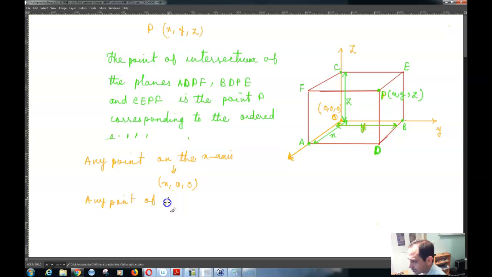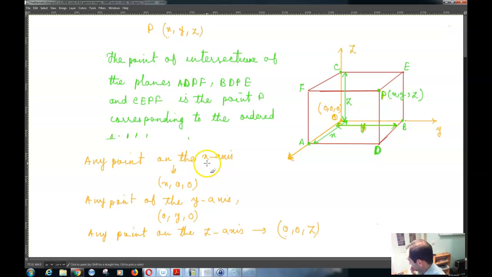Any point on the y-axis will have coordinates 0, y, 0, and any point on the z-axis will have coordinates 0, 0, z.